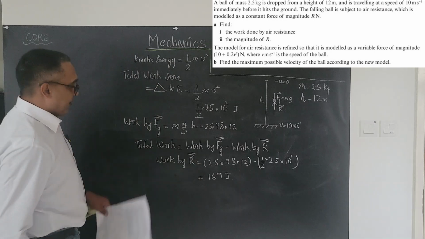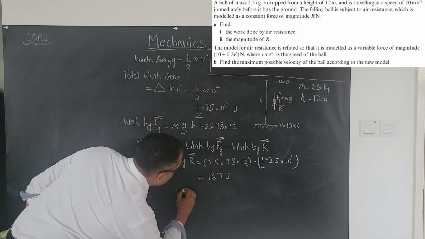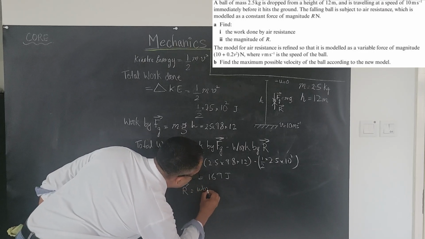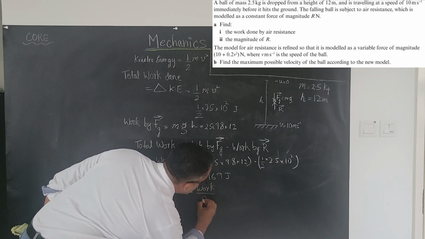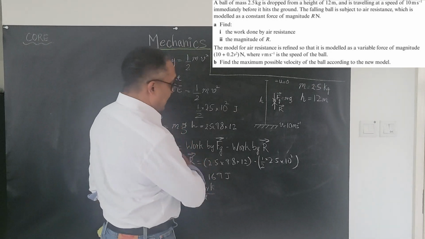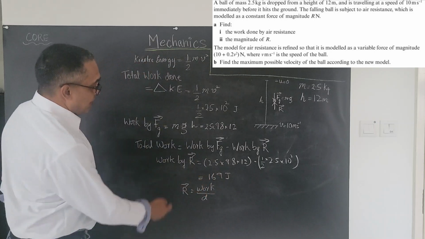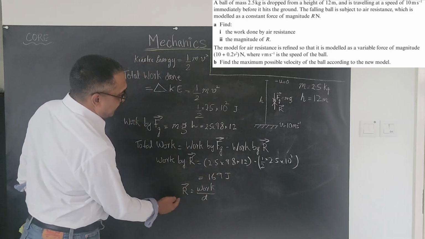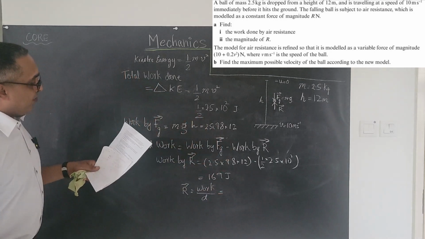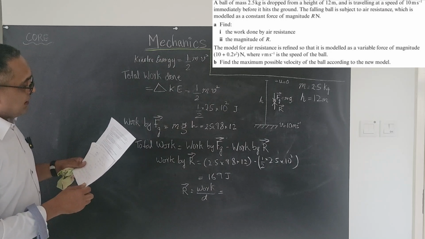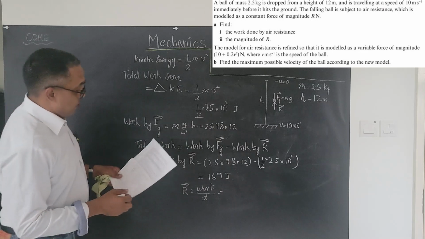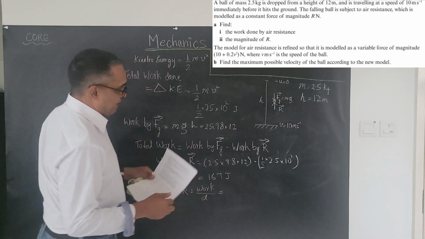And now to find magnitude of R, I would just say magnitude of R is equal to work by distance. Again, it's magnitude. So if you did have a negative value in the previous case, magnitude takes that negative value out. So you'd still be okay. And looking at the problem, he doesn't actually ask you for the vector, he's just basically saying work. So you could technically have a negative value, but that would be wrong.